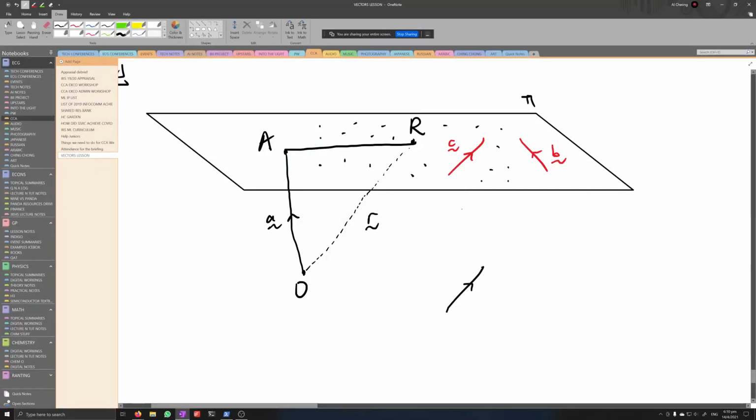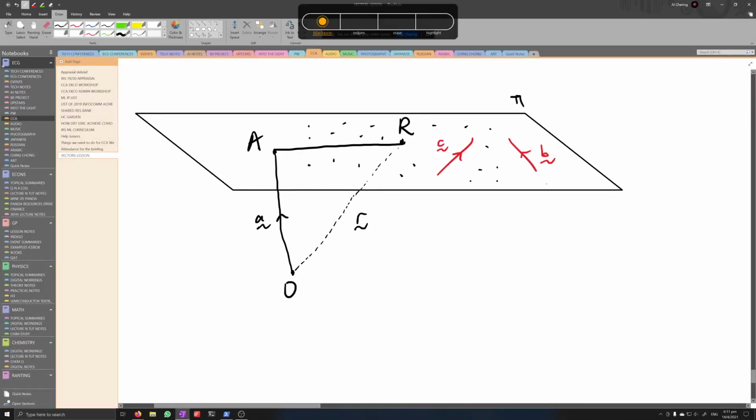If your B is very long, you get this point. You could also vary the direction of C, you could vary the direction of B, and because your coefficients of C and B can take on real values, you can mix and match the coefficients to give you any single point on the plane.